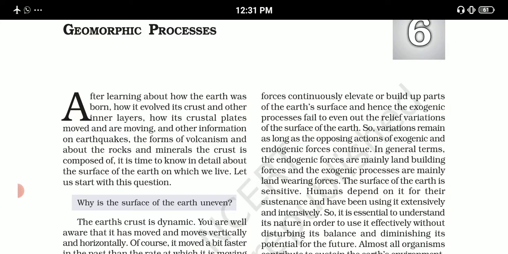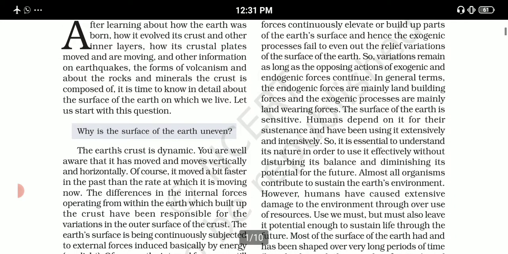As you know, the earth's surface is totally uneven, and the earth's crust is dynamic. You will be aware that it has moved and moves vertically and horizontally. It moved a bit faster in the past than the rate at which it is moving now, and different forces are also working on the earth's crust.